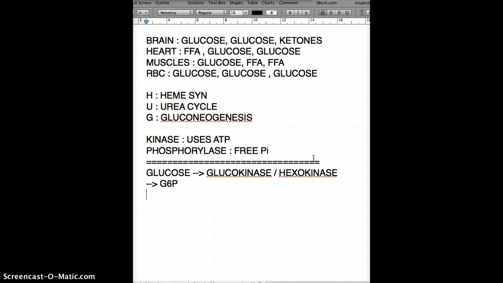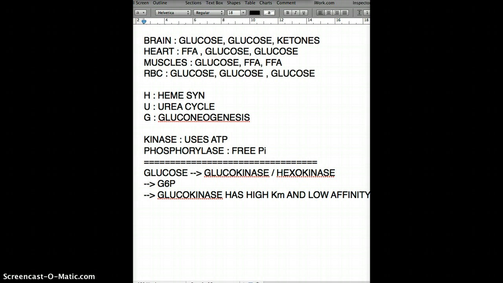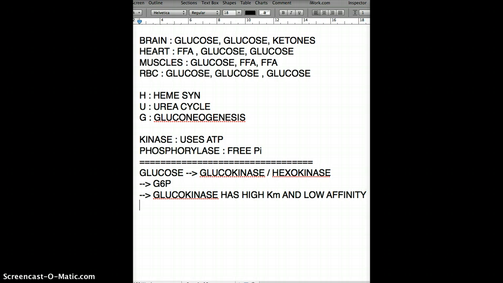One thing we have to know here is that glucokinase has high Km and low affinity. Glucokinase has high Km and low affinity, and hexokinase is the opposite.